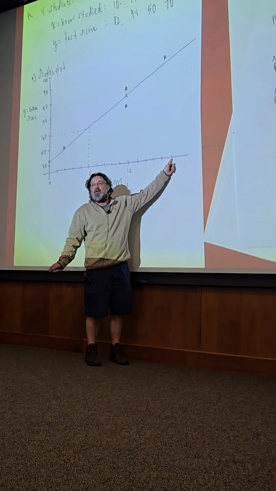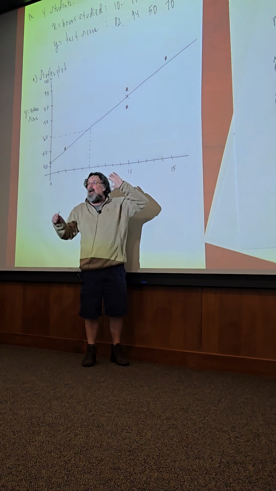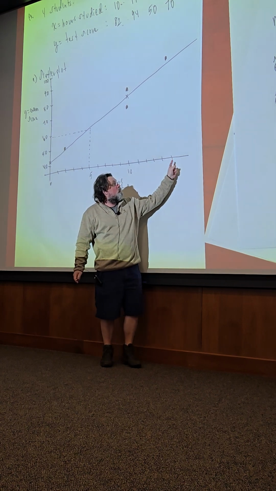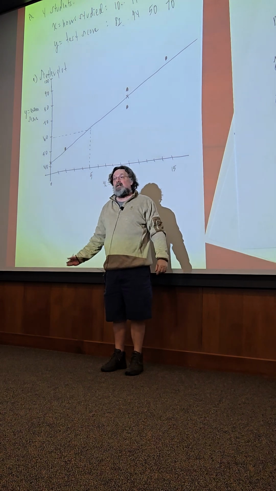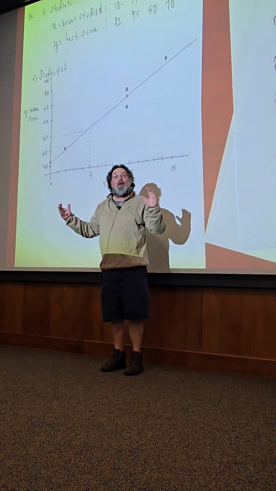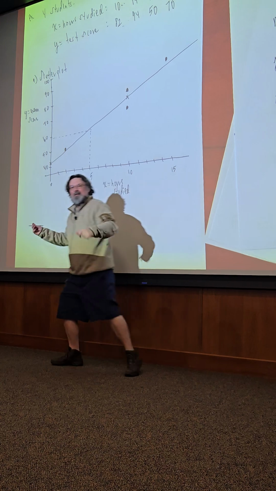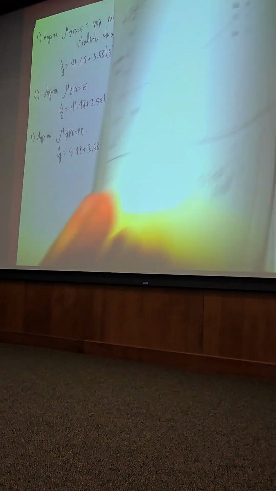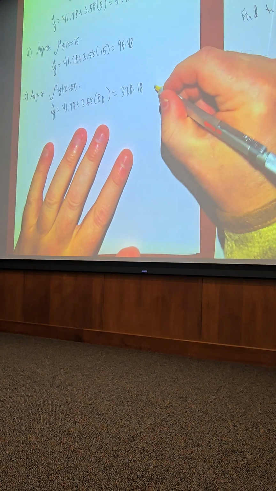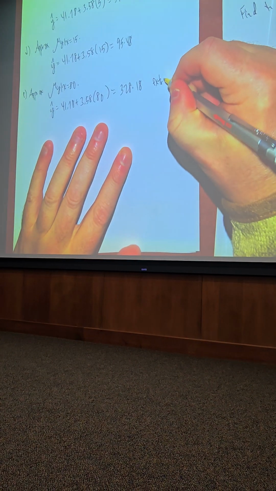Could I make a decent prediction at 15? That's okay. But when you try to make a prediction way outside of the range of your original data, can you run into problems? And the answer is yeah. And this is known as extrapolation.